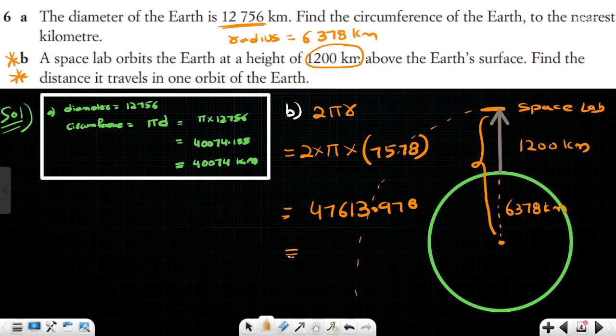If at all we want to convert to the nearest kilometers, 47614 kilometers it travels. The 47,000 kilometers approximately. So this is a tricky question, sixth one. Please take the note.